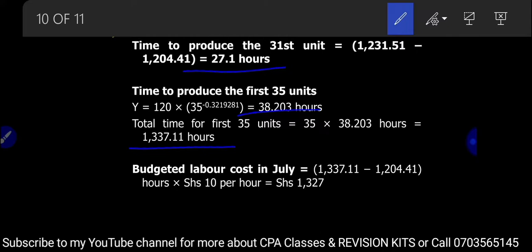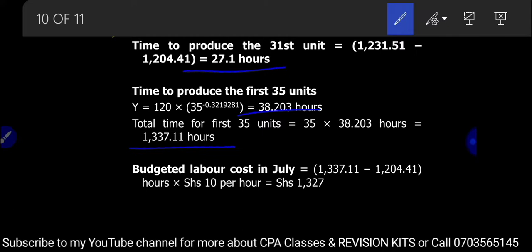So if we want the budgeted labor cost in July, remember in July we are producing an extra 5 units. To find the number of hours required to make those extra 5 units, we take the cumulative total time to produce the 35 units minus the time taken to produce the 30 units by the end of June.